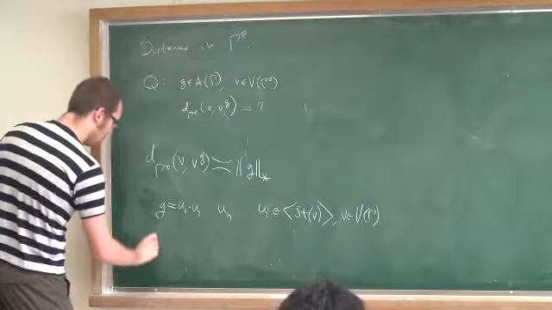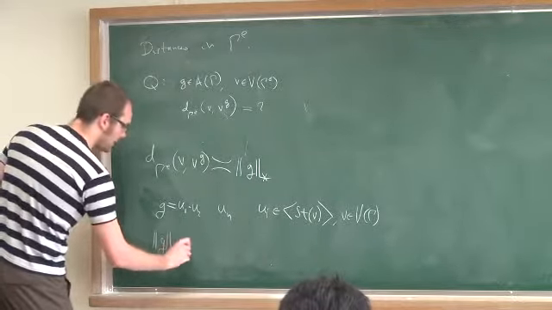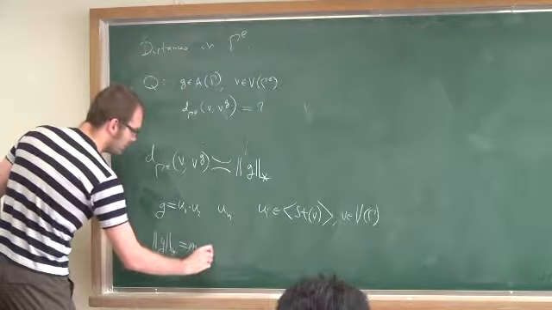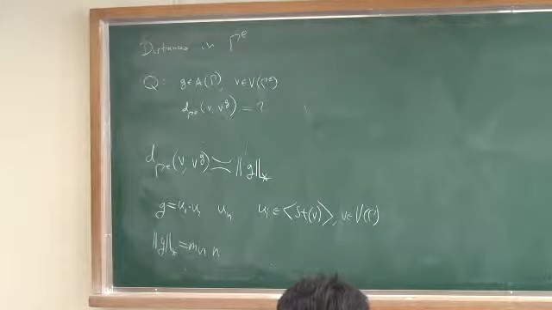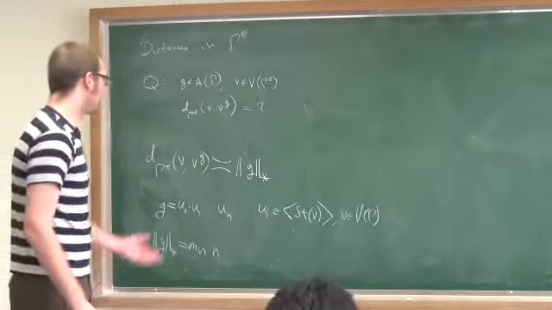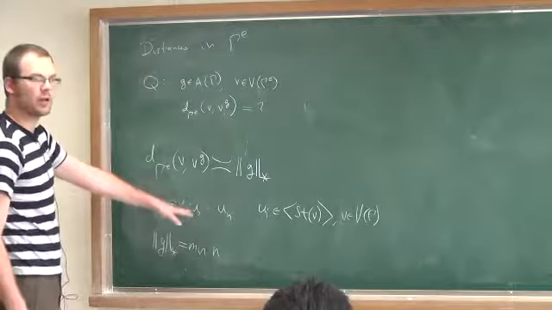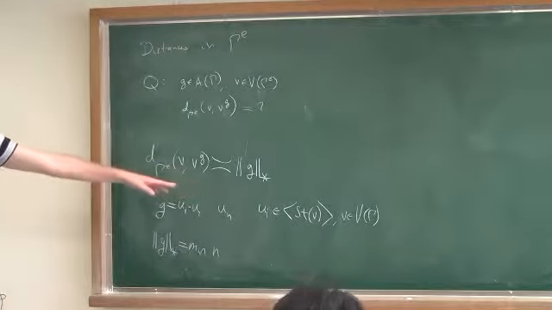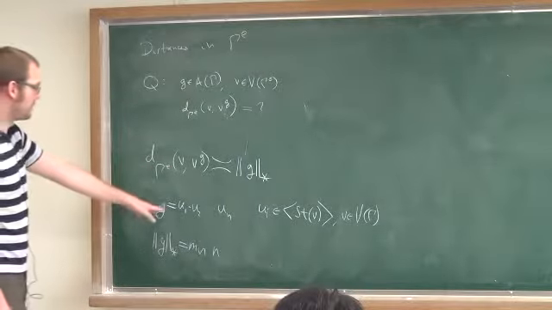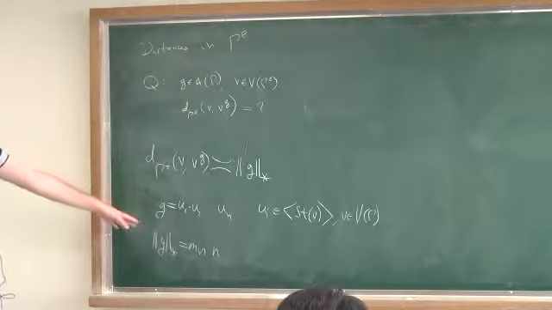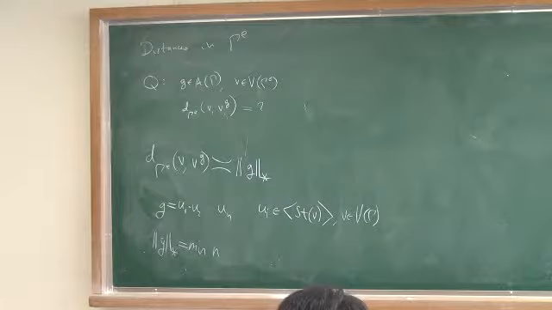And then the star length of G is the minimal such n. Since vertices themselves are supported in subgroups generated by stars of vertices, this star length is at most the word length, and in general it's much smaller.